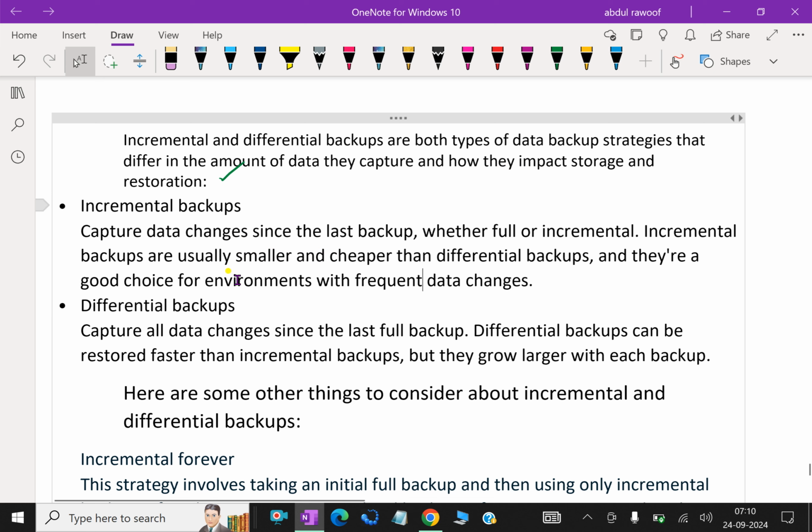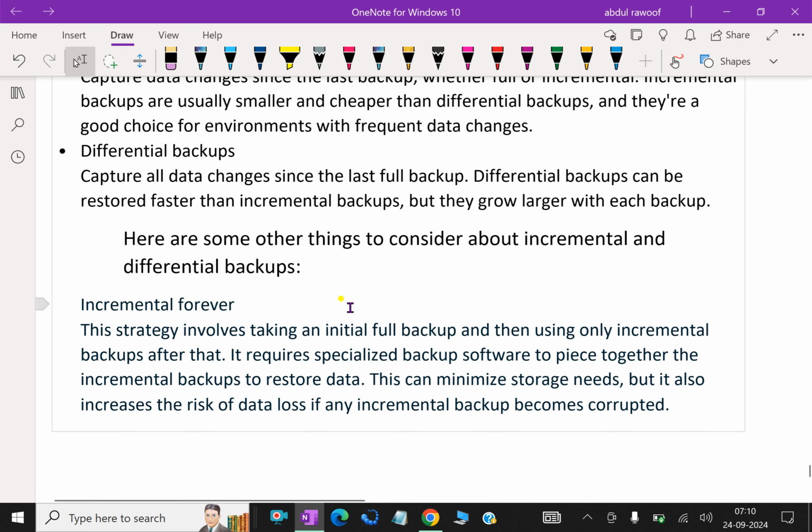Incremental backups are usually smaller and cheaper than differential backups, and they are a good choice for environments with frequent data changes. Differential backups capture all data changes since the last full backup. They can be restored faster than incremental backups, but they grow larger with each backup.